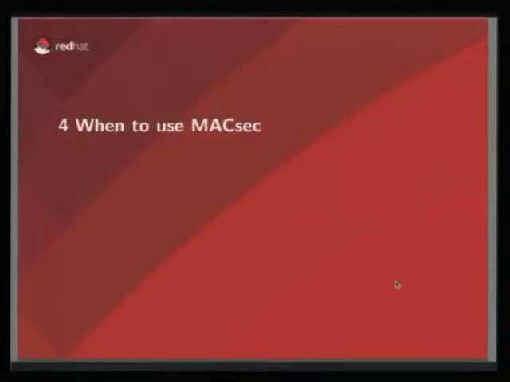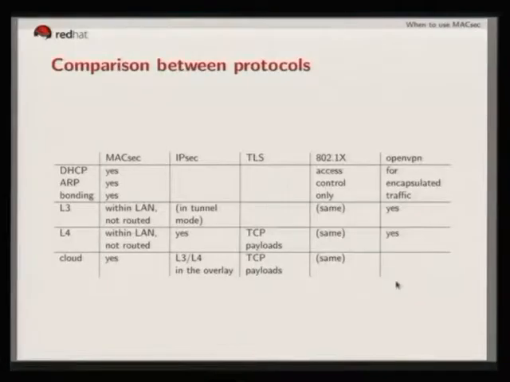So when do you want to use MACsec using all these ideas that you have now? This is just an overview, a summary of the information in the previous slides. If you care about encrypting these layer 2 things, you will have to use MACsec. Otherwise, you have more choices.